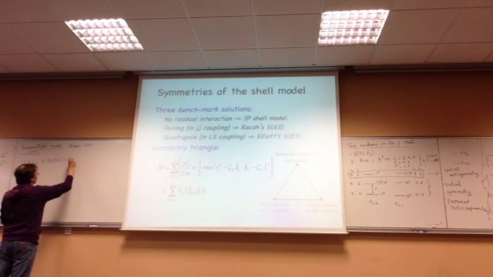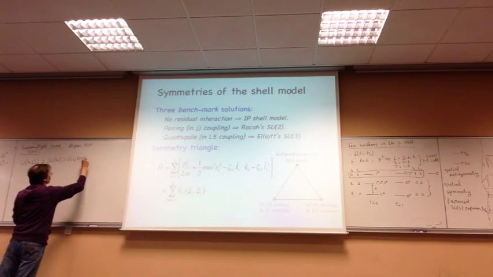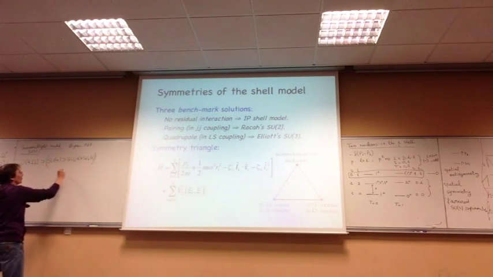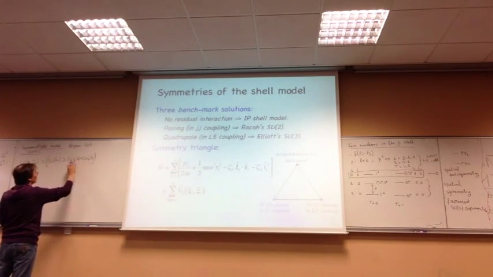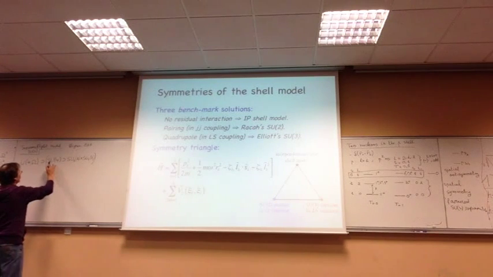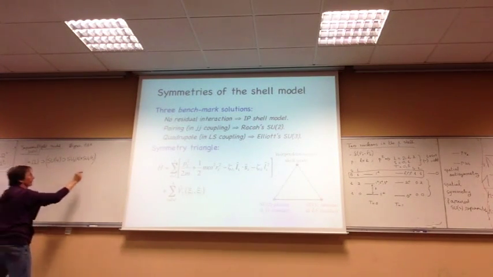As we saw, this can be reduced to spin and isospin. Okay, we know what all of those are. Spin, isospin, these are the supermultiplet labels, which we have some kind of a feeling for. So this is the spin-isospin part of the algebra.